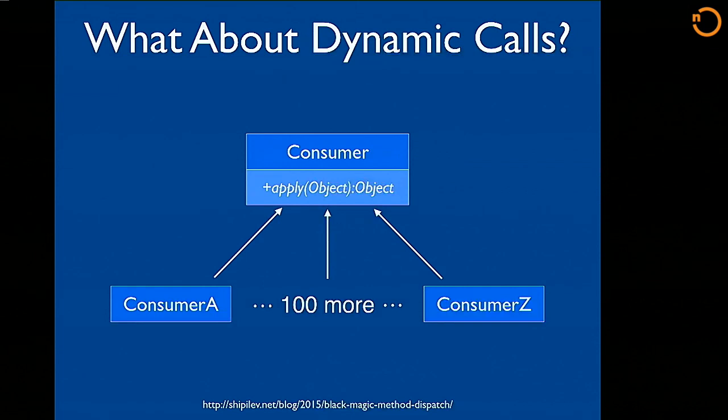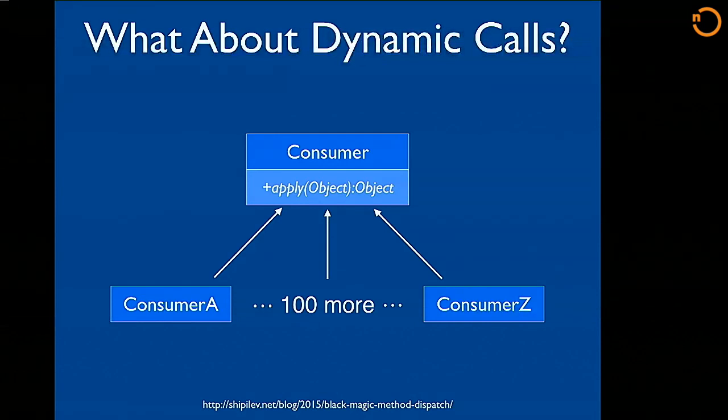Okay, so why is this hard? Well, it's hard because it's not a static call. We don't know what you're calling. How many implementations of equals are there? Are we going to inline every single one of them? No, that's not going to work.